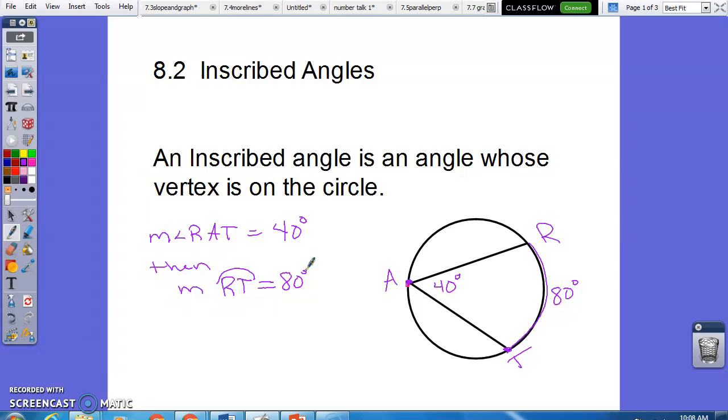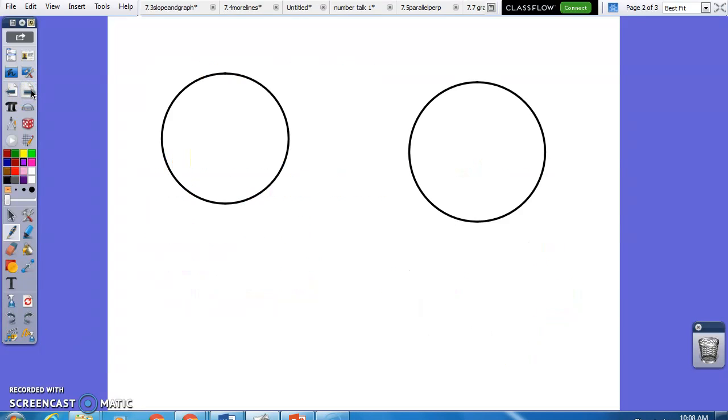Okay, so we're just going to look at a couple of examples on this. Let me make one a little bit more complicated here. We'll have a couple of central angles going on here.